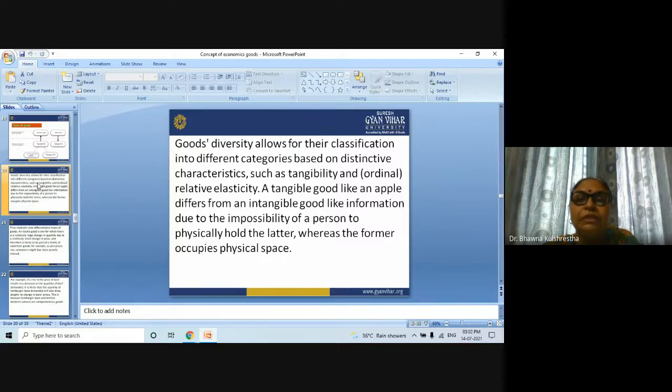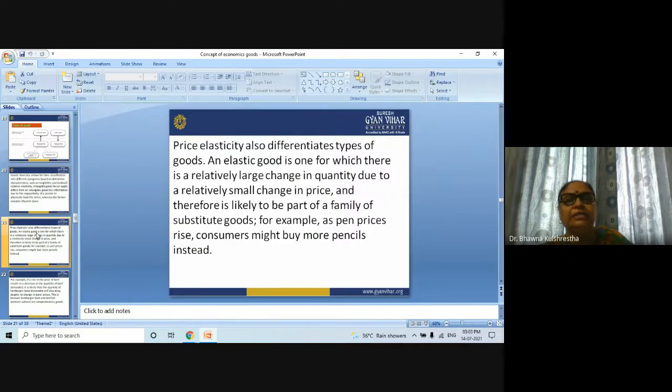Intangible goods differ from services in that final intangible goods are transferable and can be traded, whereas a service cannot. And next, the price elasticity also differentiates type of goods.